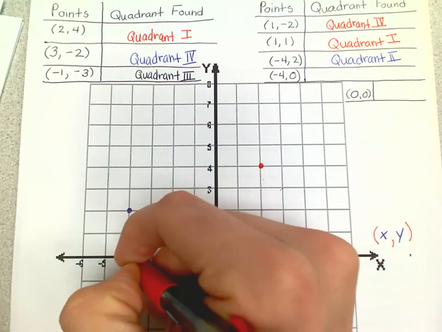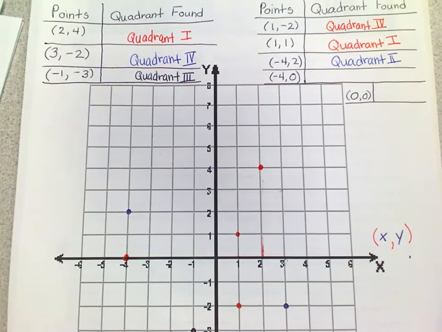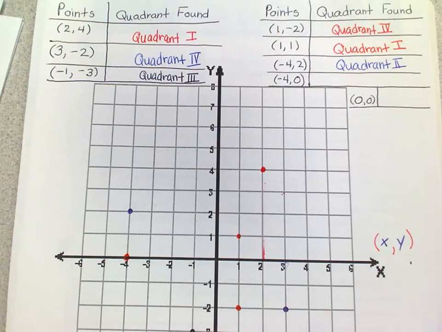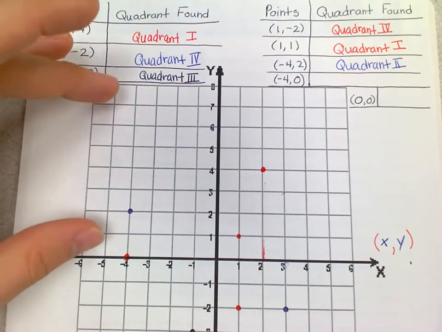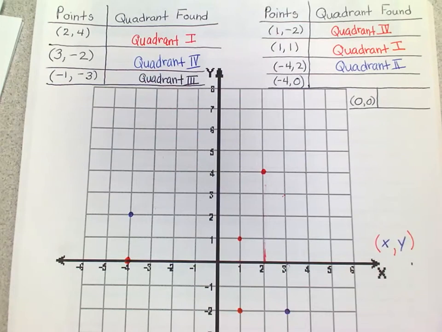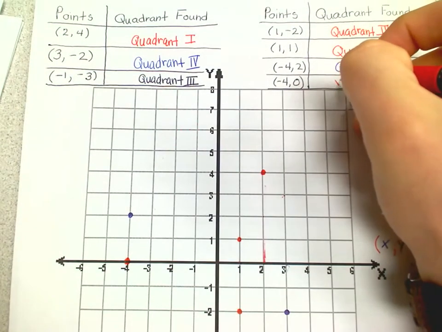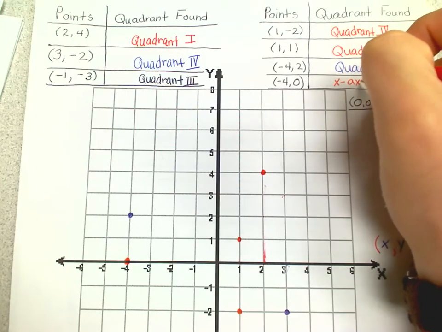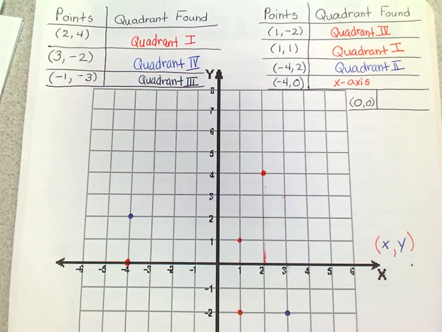So this point right here is the point we're in search of. And now we have to ask ourselves, what quadrant is that found in? You could either look at it and say, well, I think it could be in quadrant 2 or it could be in quadrant 3. Actually, what we're going to say is that this is going to be located on the x-axis. That's the location of it. It's not a quadrant at all.